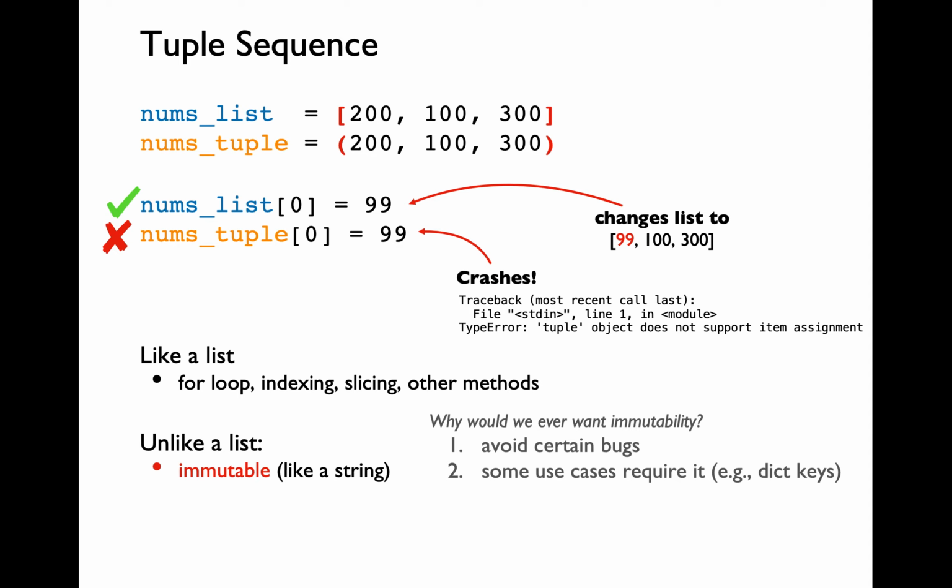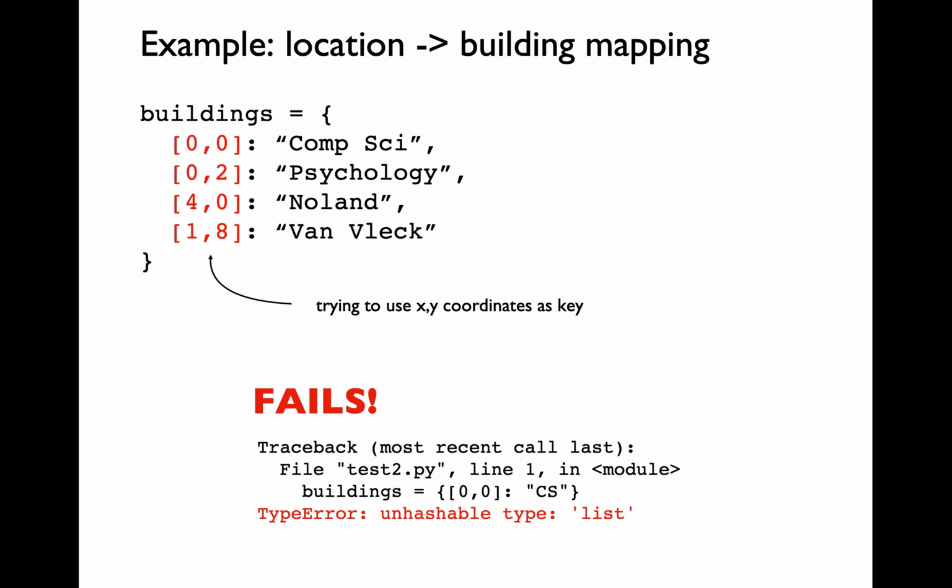The second reason is that in certain cases, it is required to have a tuple as opposed to a list. An example would be configuring a key within a dictionary. I mentioned that I'll discuss the concept of immutability of dictionary keys as part of a later lecture. As promised, here is an example. Let's say that we are trying to define a buildings dictionary with certain lists as keys. That's going to fail with the TypeError stating unhashable type: 'list'.